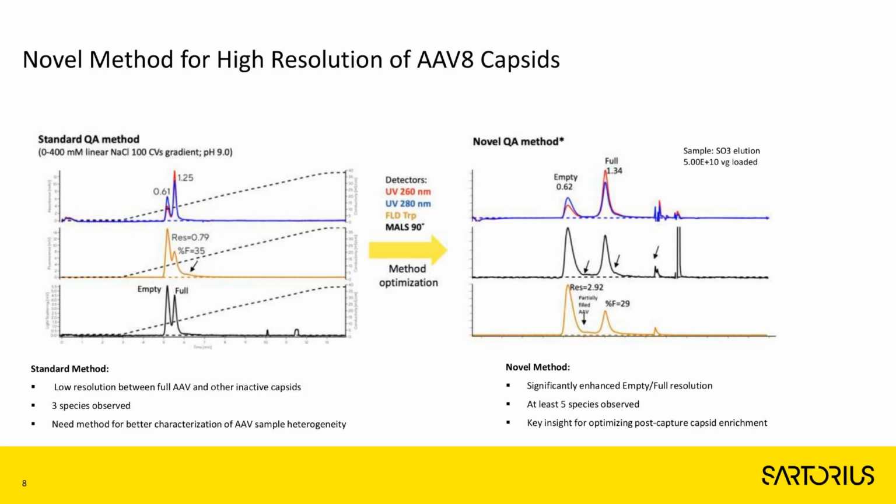And this significantly enhances your ability to see these species that regulators want to see removed more and more, especially as AAV therapies move further, while not having to switch to a different analytical system or something like that.